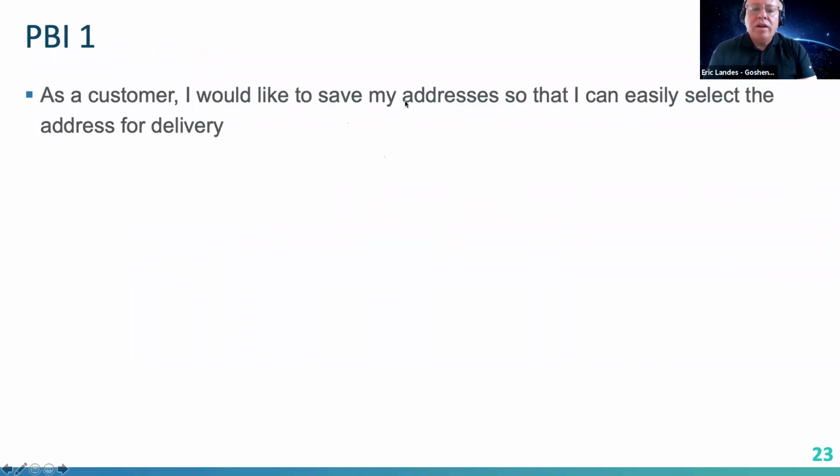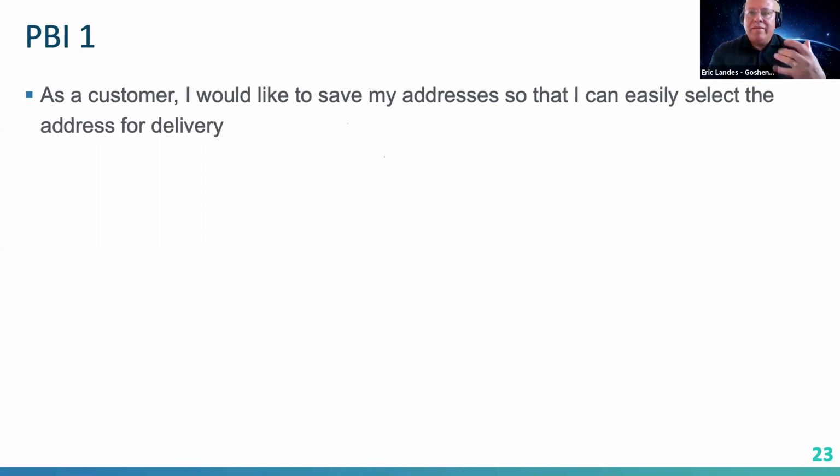to PBI 1. We'll do two of these sessions just to see what it's like. As a customer, I would like to save my addresses so I can easily select the address for delivery. So basically, kind of like Amazon, right?